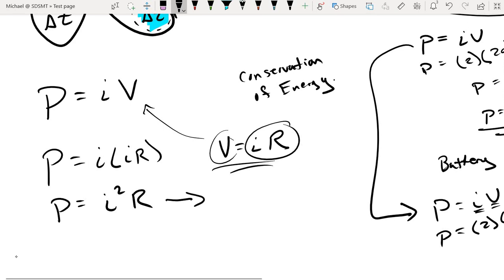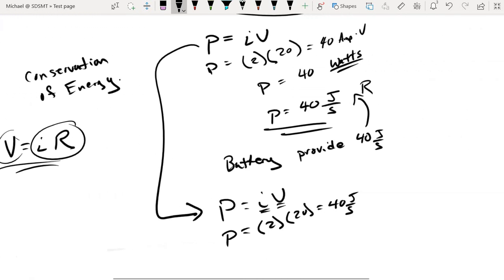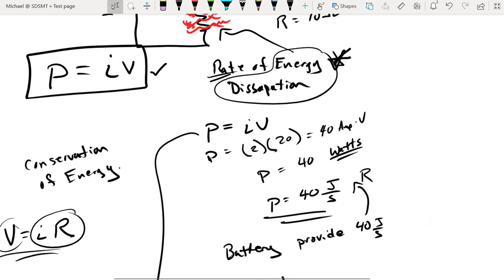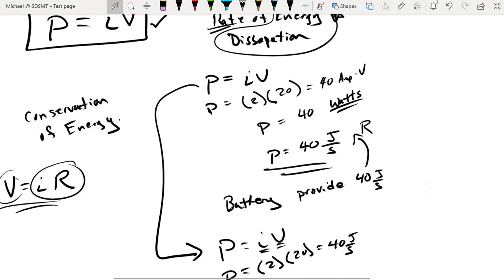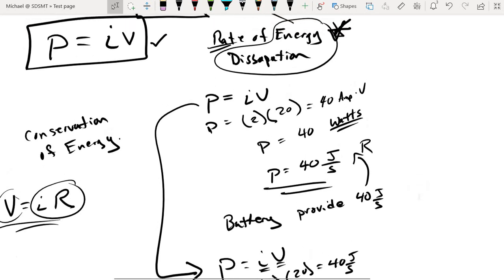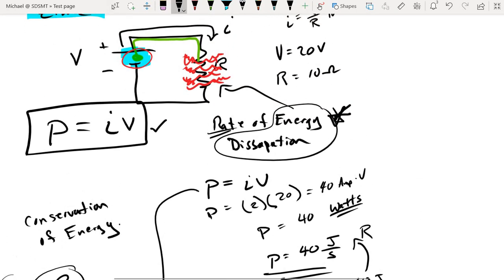Now we need to confirm that this is in fact going to work, and we can do that by using the values that we had over here. I need to know the resistance value, which, let's see, there we go.